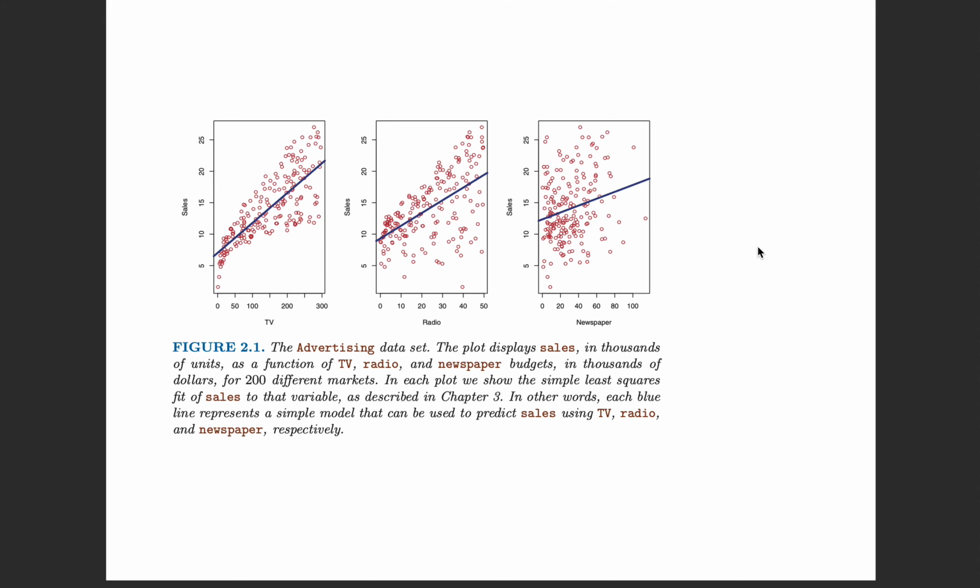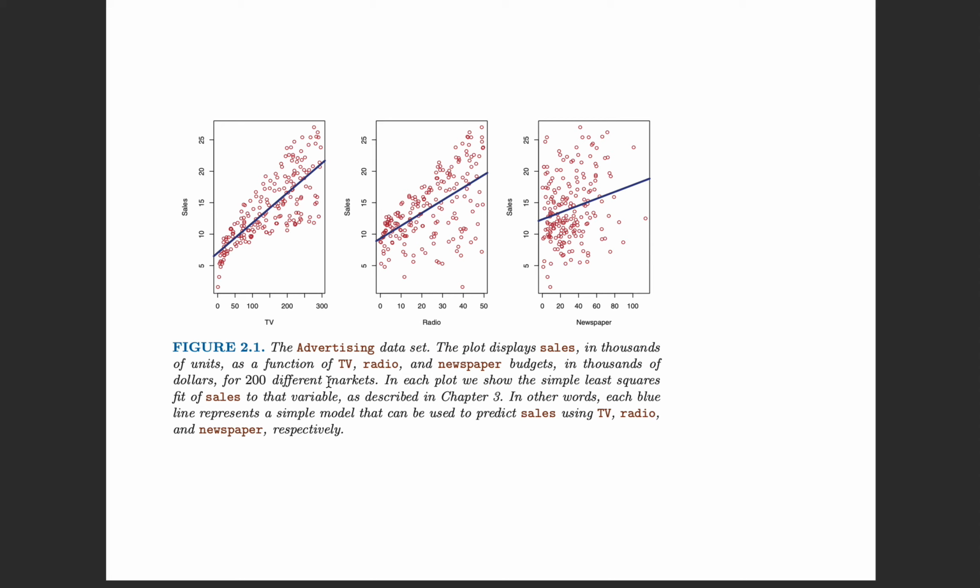Okay, now we're moving to chapter 2 of the ISLR book, and we're just looking at some data. It's about advertising data, and it's about seeing how sales are related to different budgets spent in different mediums for advertisement.